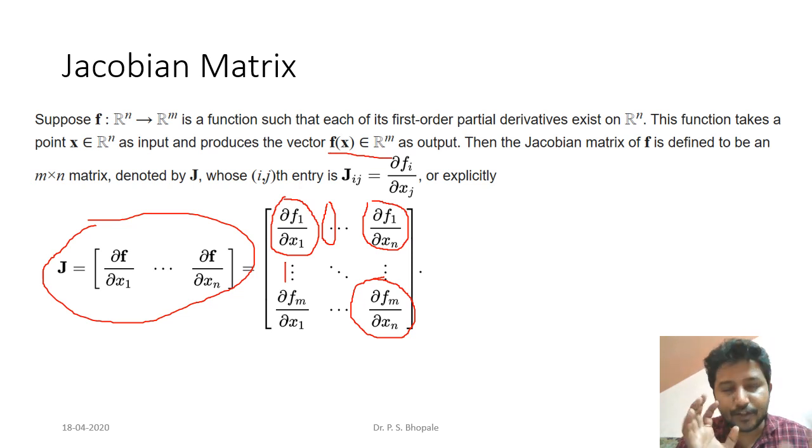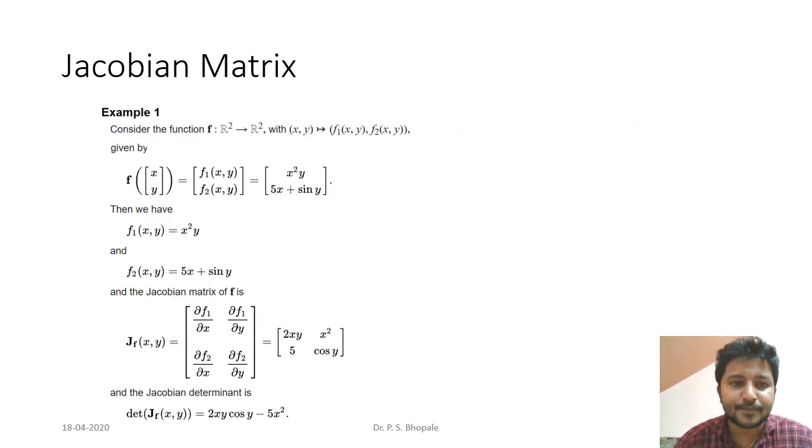In simple words, if x is the input having n dimensions and y is the output having an m dimensional vector, and the function f is used to transform x to y, like y is equal to f of x, then the Jacobian matrix will have dimension m cross n.